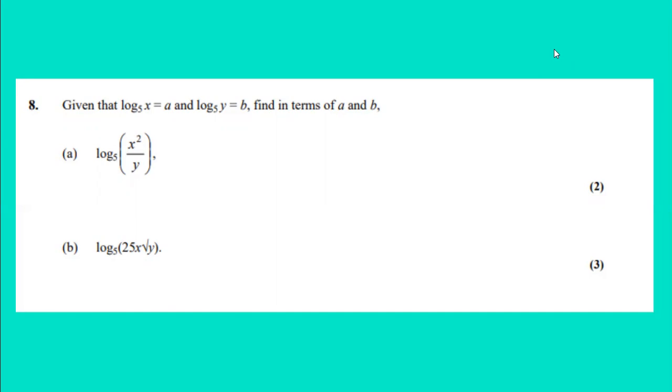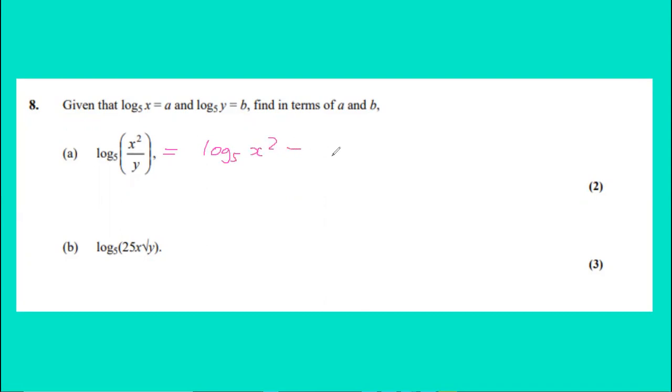So let's see what we can do with the first one. I'm going to write this out a little bit differently. So I'm going to say this is equal to log base 5 of x squared minus log base 5y, because you're dividing here, so we can write this out using the laws of logarithms.